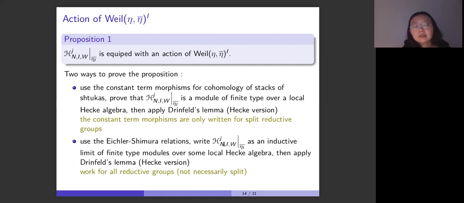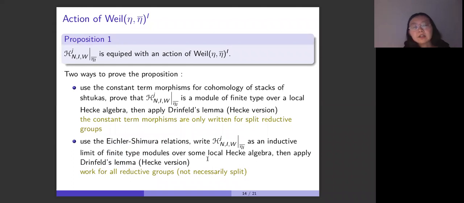We can write the generic fiber of the cohomology as an inductive limit of finite type modules over some local Hecke algebra, and we apply Drinfeld's lemma to each of these finite type modules over some local Hecke algebra.